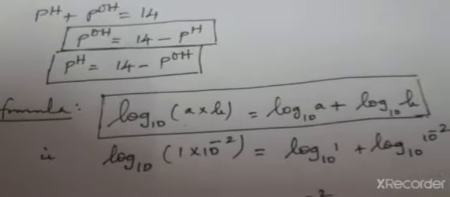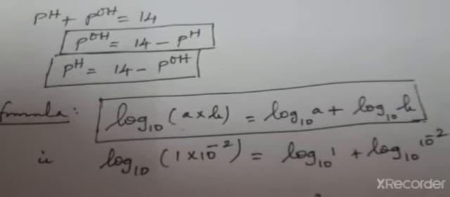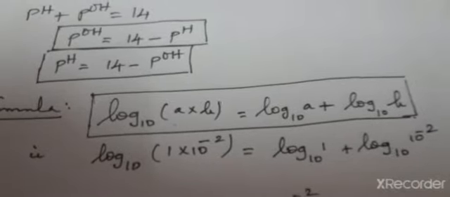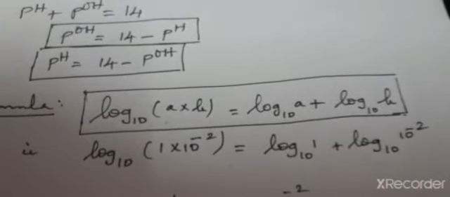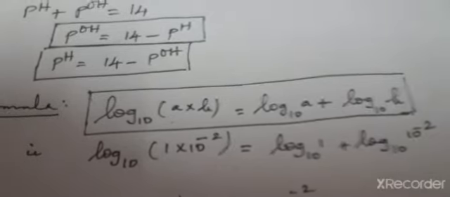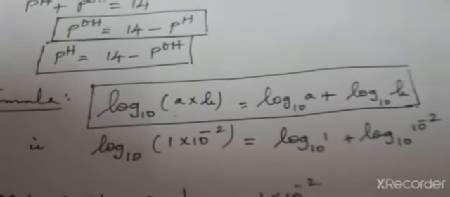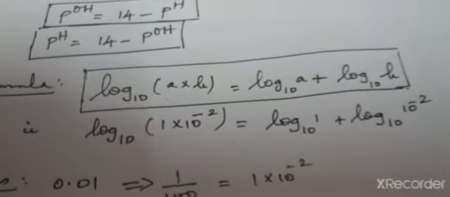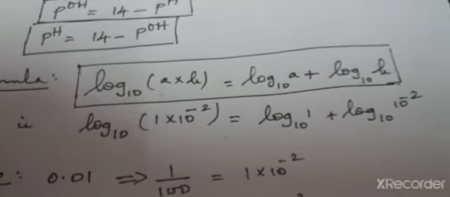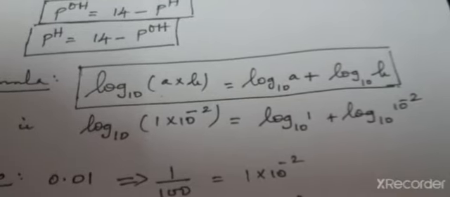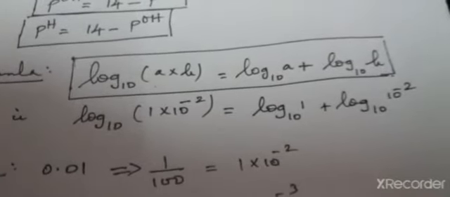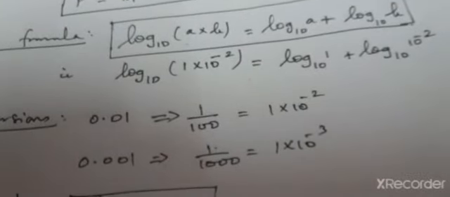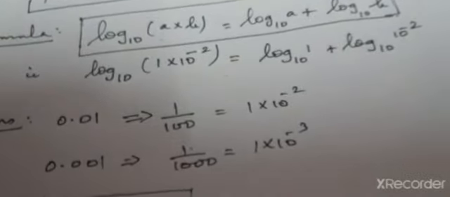We can write that using the plus sign, log 10 A plus log 10 B. Log 10 A into B can be written log 10 A plus log 10 B, because we are going to apply this in solving the sum. For example, log 10 of 1 into 10 power minus 2 can be written log 10 1 plus log 10 10 power minus 2. And also you have to know some conversions. All these are very simple, already learned in maths.